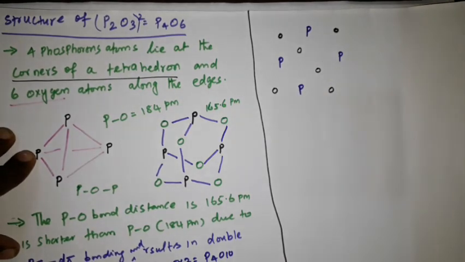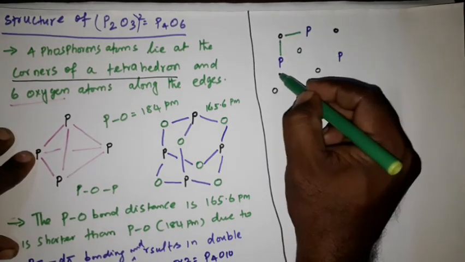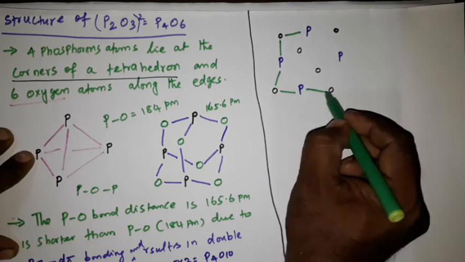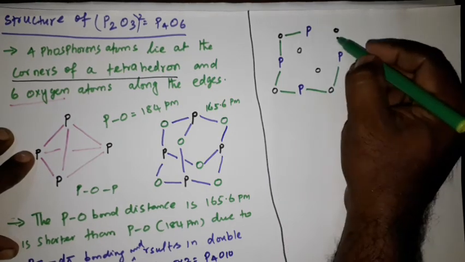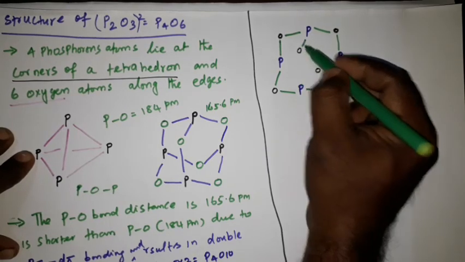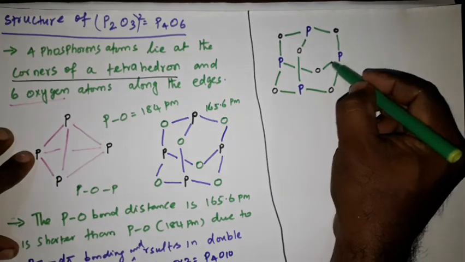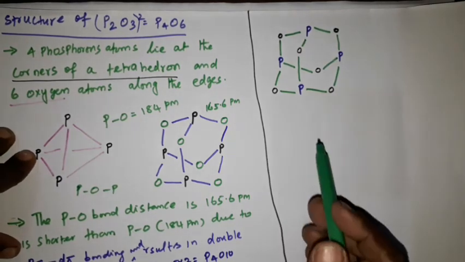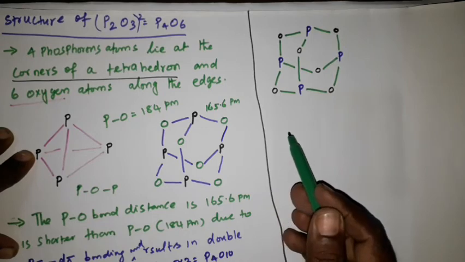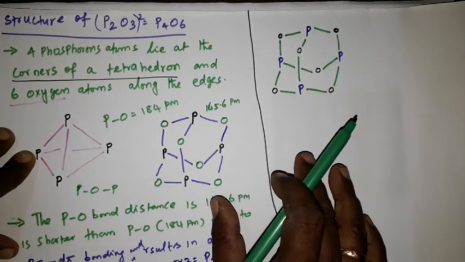Now make a bond 1, 2, 3, 4, then here. Now between this and this, between this and this. See, this is the structure of P2O3, already we discussed. So you know how to draw the structure of phosphorus trioxide.